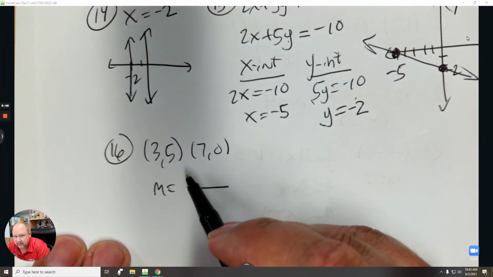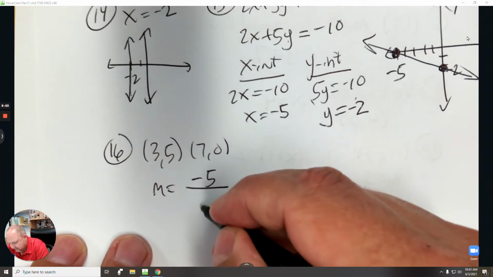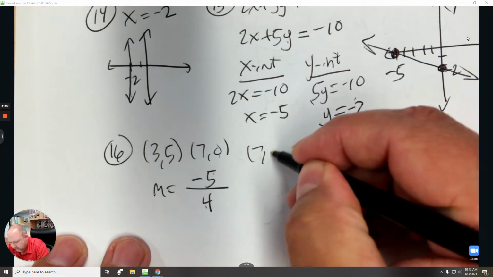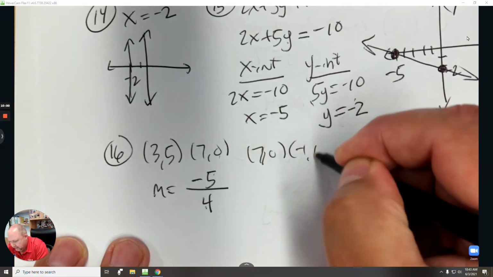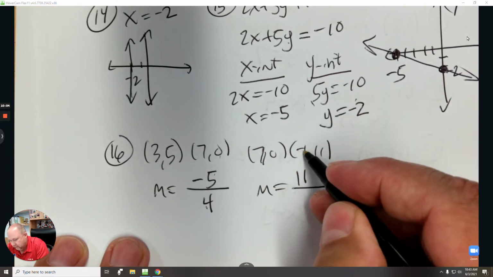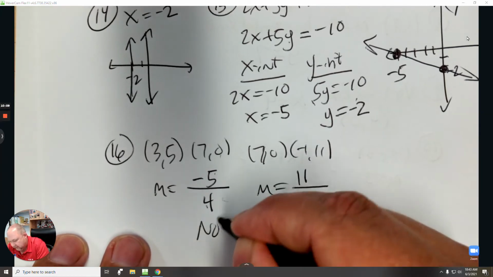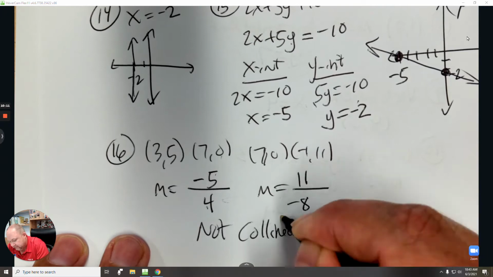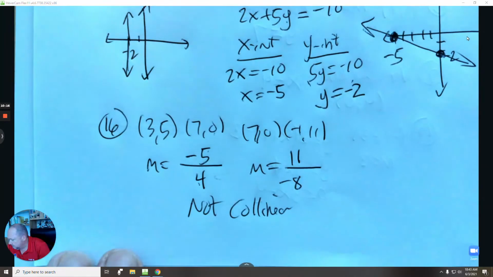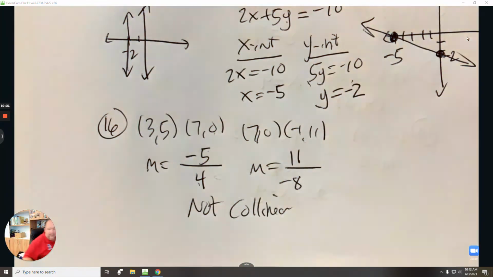So if I subtract the y's and I subtract the x's, and I do the same thing with the next 2 points, what I hope you recognize is, 11 take away 0, negative 1 take away 7. These are not the same. So these are not collinear because the slopes aren't the same. If they were collinear, then the slopes would have to be the same.